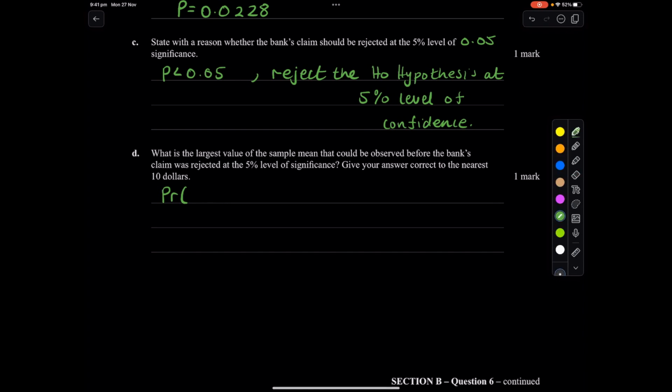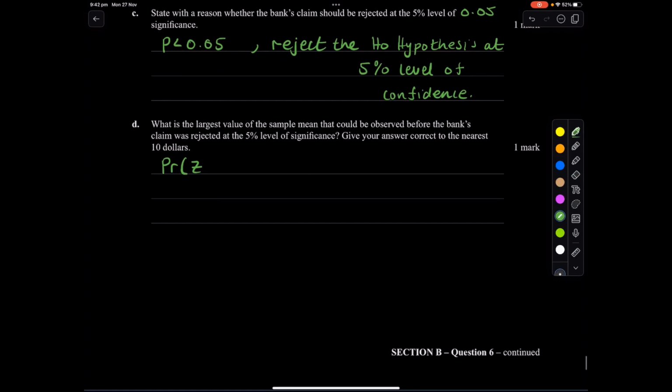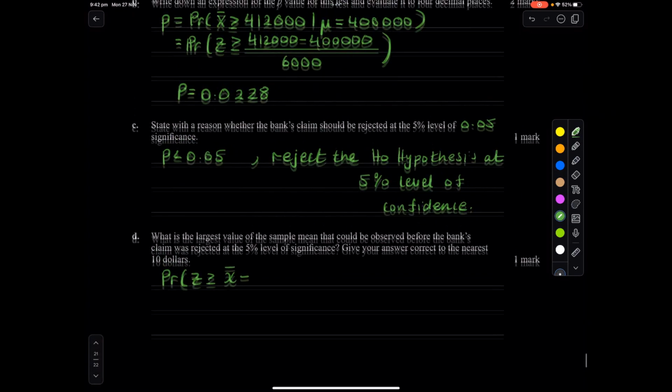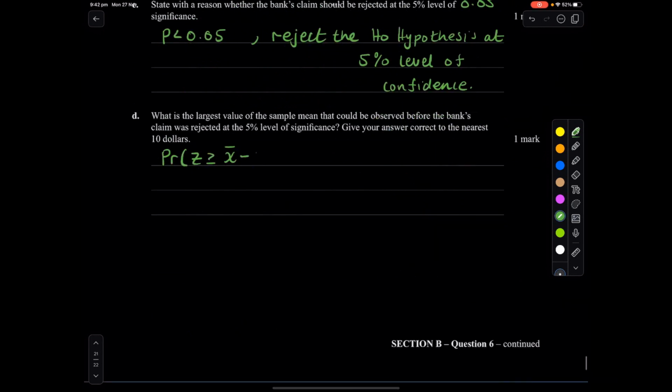We can just write it as z. So z is greater or equal to your x bar, our mean, minus, we're still using the same null hypothesis, which is 400,000, divided by that 600,000.